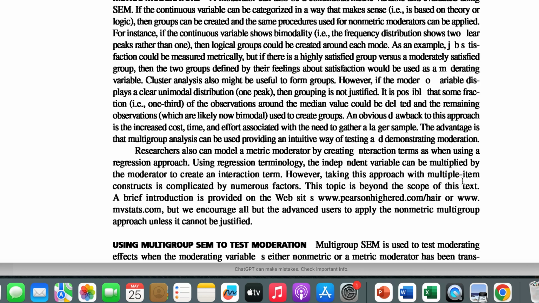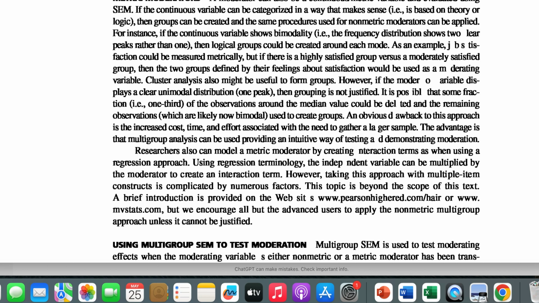However, taking this approach with multiple constructs is complicated by numerous factors. This topic is beyond the scope of the text. A brief introduction is provided on the website. It is encouraged that all but advanced users apply the non-metric multi-group approach unless it cannot be justified.